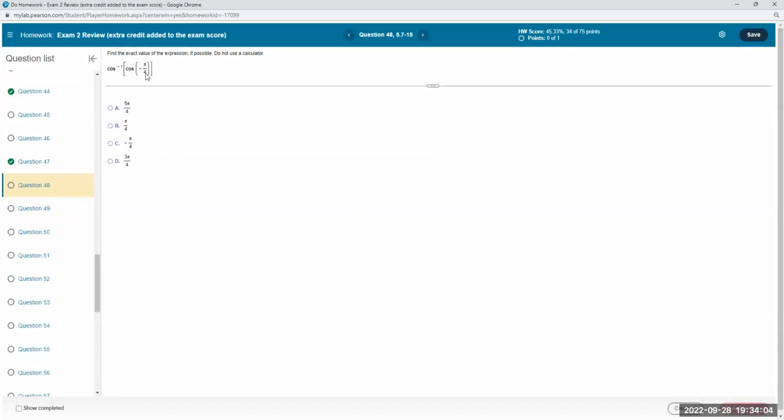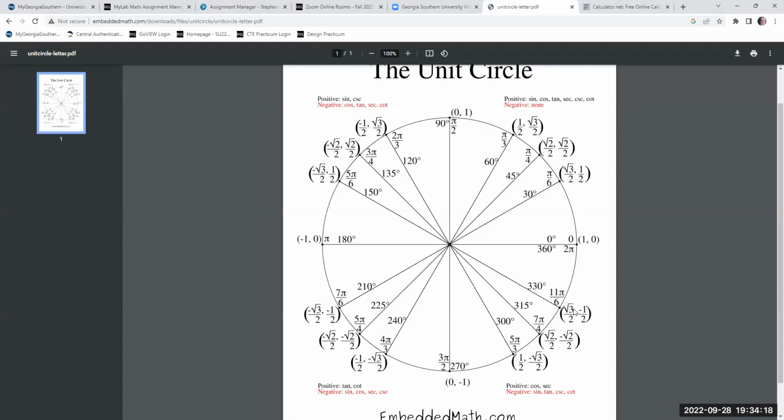Negative pi over 4 is not in the range for cosine. And if we go to the unit circle here, here is negative pi over 4 at this spot. And cosine is square root of 2 over 2.